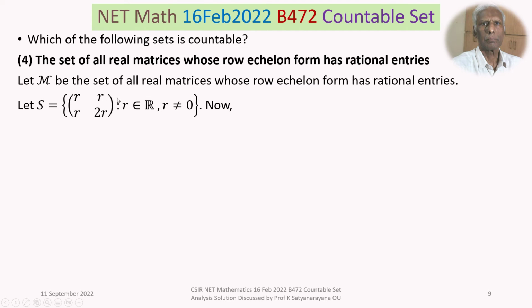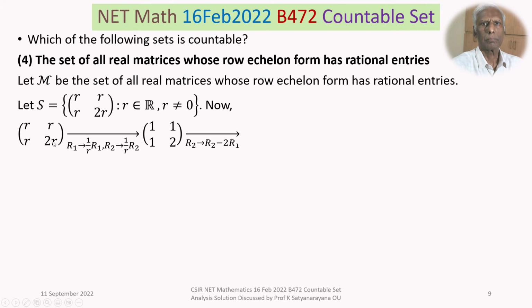Now, we ask the question, how many elements are there in S? As many as there are in R star. Now, we have taken the matrix with rows r, r and r, 2r. We divide each entry in the first row by r, and each entry in the second row by r, r not equal to 0, no problems. That will give you 1, 1, 1, 2. Then from the second row subtract the first row.